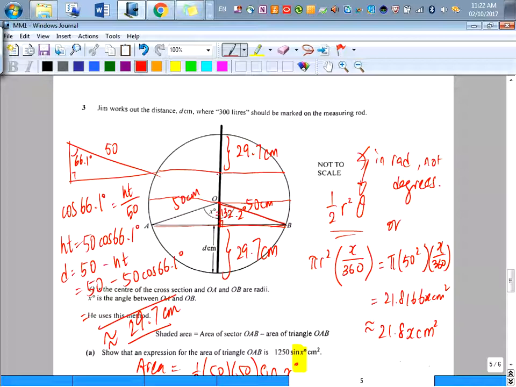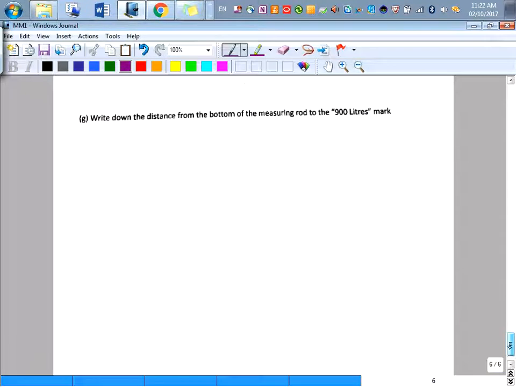So the distance from the bottom of the rod to the 900 liters mark we can calculate because the total height is 100 cm. Since this is 29.7, my yellow height will be 100 minus 29.7. The answer will be approximately 70.3 cm.